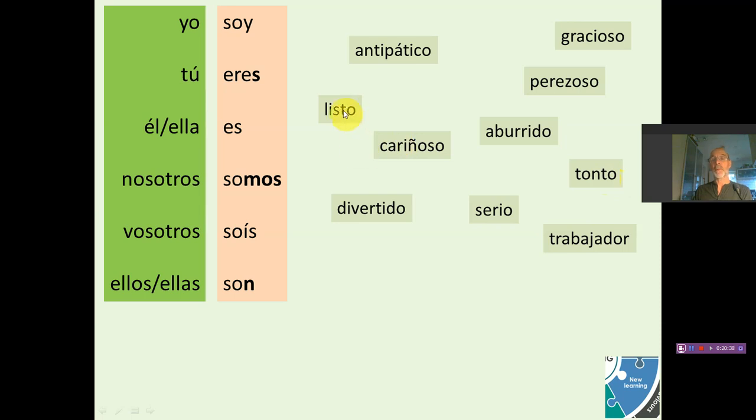So listo would become listos, lista becomes listas, perezoso, perezosos, tonto, tontos, tonta, tontas, and so on.